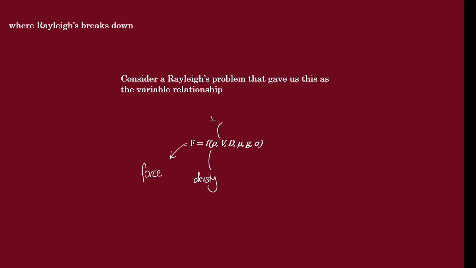Okay, let's call this volume. D is diameter. Mu is viscosity. G is acceleration due to gravity, and this is surface tension.